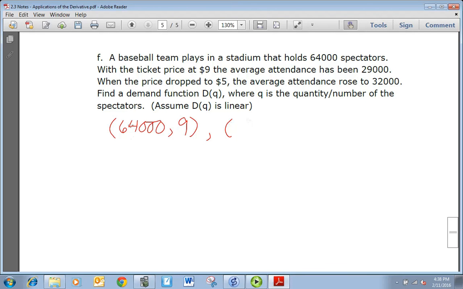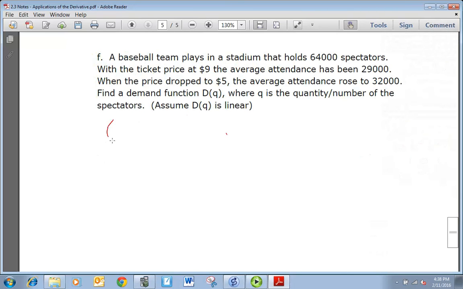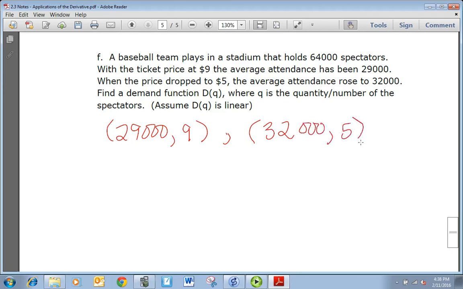Oops, I did that wrong. Sorry. Not 64,000. It was 29,000 for $9. And the other coordinate is 32,000 for $5.